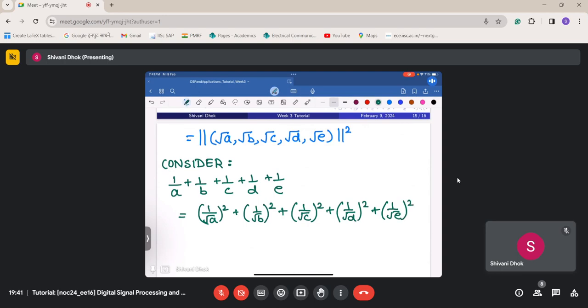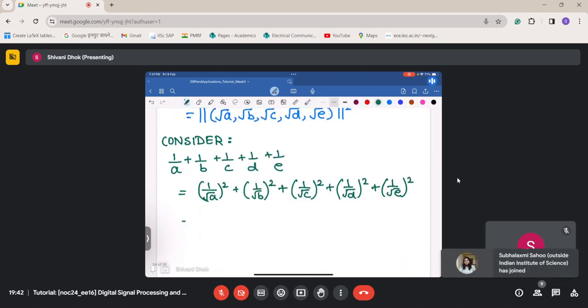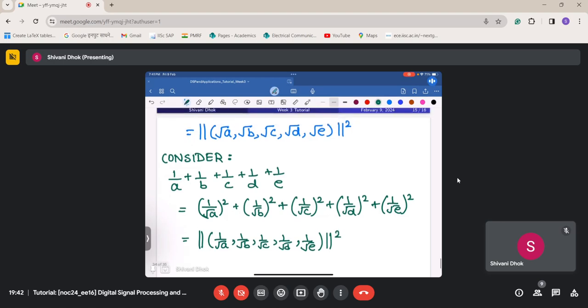And similar to what we have seen here, this thing is the norm of the vector 1 by root A, 1 by root B, 1 by root C, 1 by root D, 1 by root E, squared. Is this part clear?